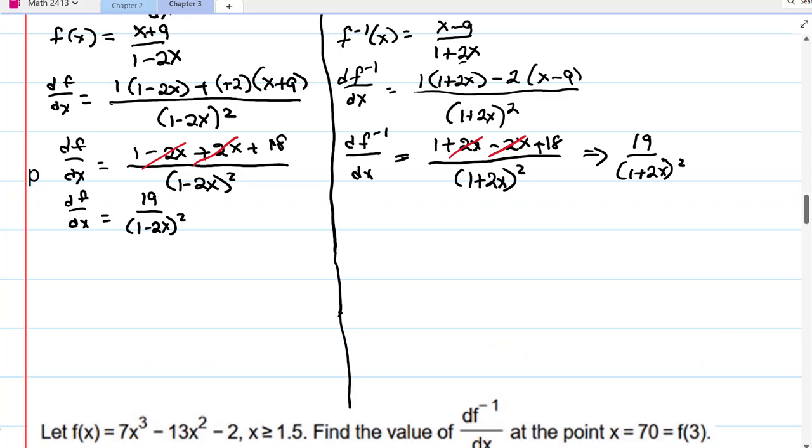Let's do this one in terms of a equals 1/3.